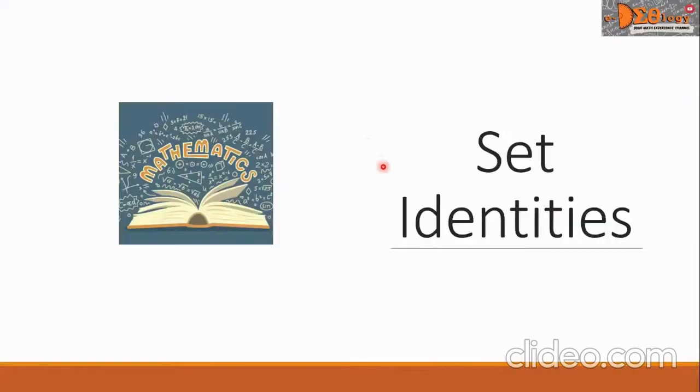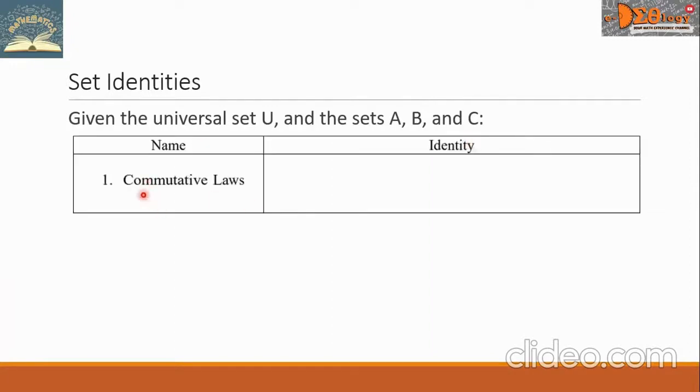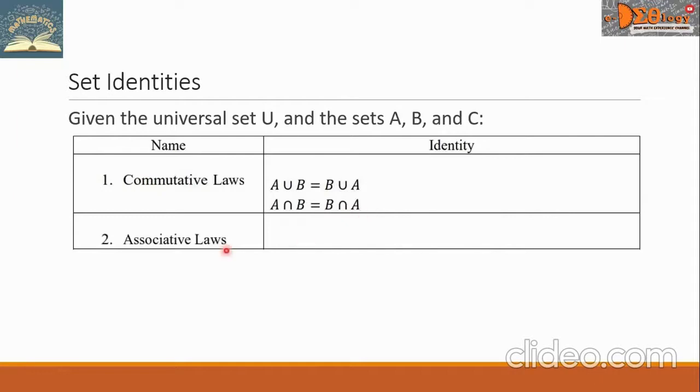Today we're going to study set identities. Given the universal set U and the sets A, B, and C. The first identity is the commutative laws. It says A ∪ B equals B ∪ A. Also, A ∩ B equals B ∩ A. Number 2, associative laws.